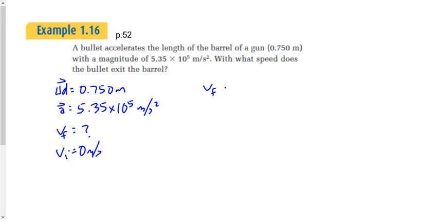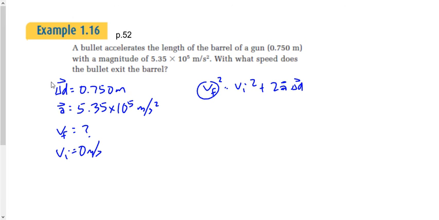VF squared is equal to VI squared plus 2AD. Solving for VF, this is a pretty easy one to rearrange if we only have VF to solve for. What do I got to do to get it by itself? Well, it's already kind of by itself, right? There's nothing attached. So I just got to go straight to my square/square roots. Do the opposite. Square root.